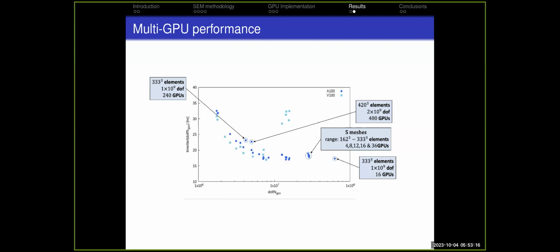We also measured other things, such as the time it takes for MPI to run and the memory transfers that are occurring. And what we see is that we have no memory transfer whatsoever. And the MPI part, even at 400 GPUs, was not that important compared to the time taken by the two kernels, the convective and diffusive.